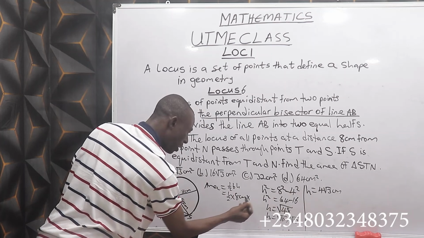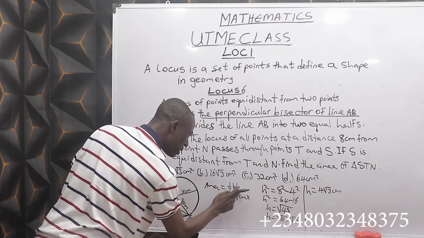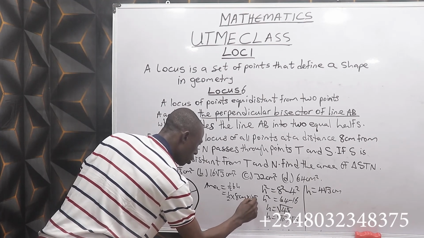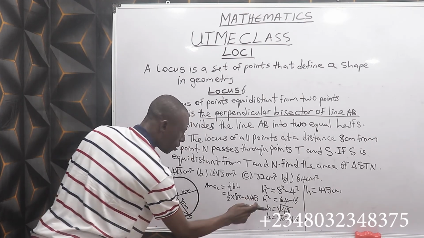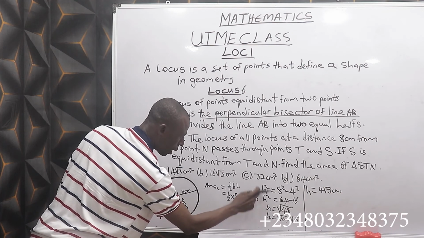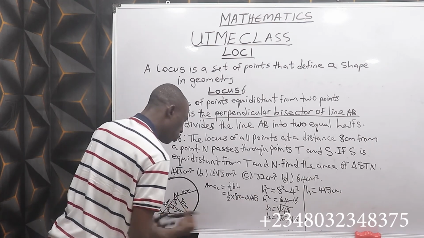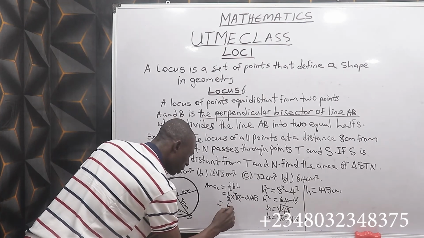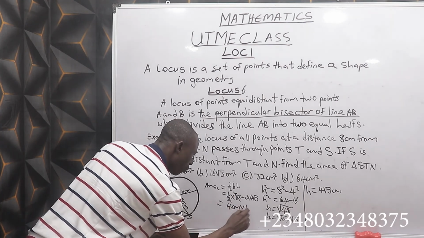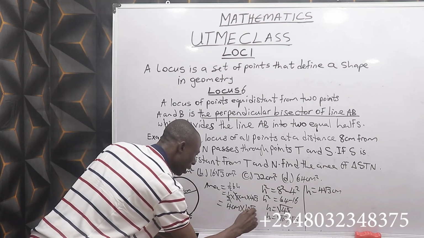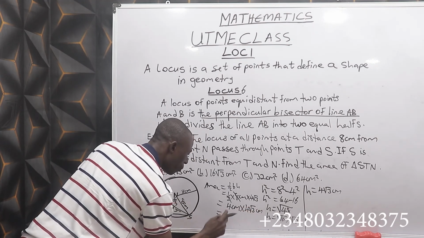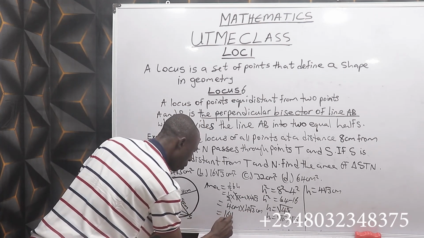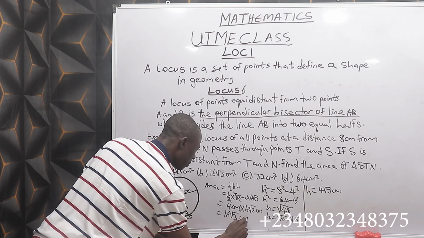Now bring that value of height into these workings. You now have 4 root 3 centimeters. Let me not put the centimeter there, to allow the space here. We will put it at the end. Half of 8 is 4 centimeters, times 4 root 3 centimeters, gives 16 root 3 centimeter square.